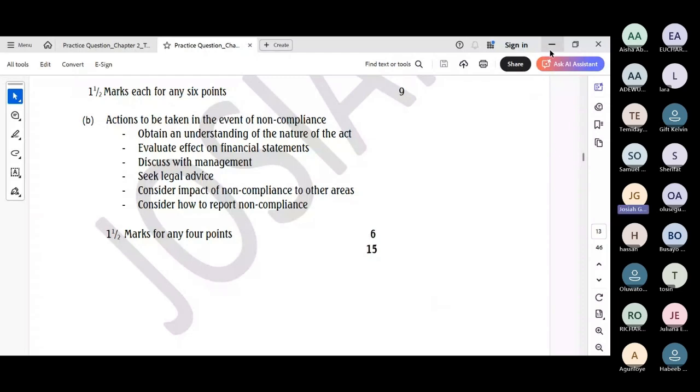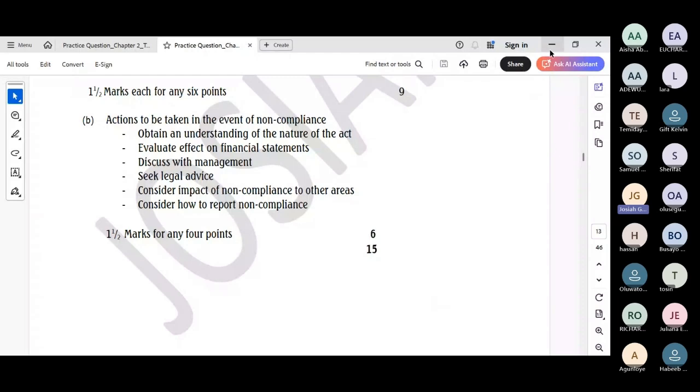Then you report non-compliance based on ISA 260 to those charged with governance. So the shareholders, report based on ISA 705 and 706 if material, and also reporting to potential authorities if required by law. Yes, if management has refused to respond, you are required by law to report to authorities, and you need to override confidentiality in those areas.